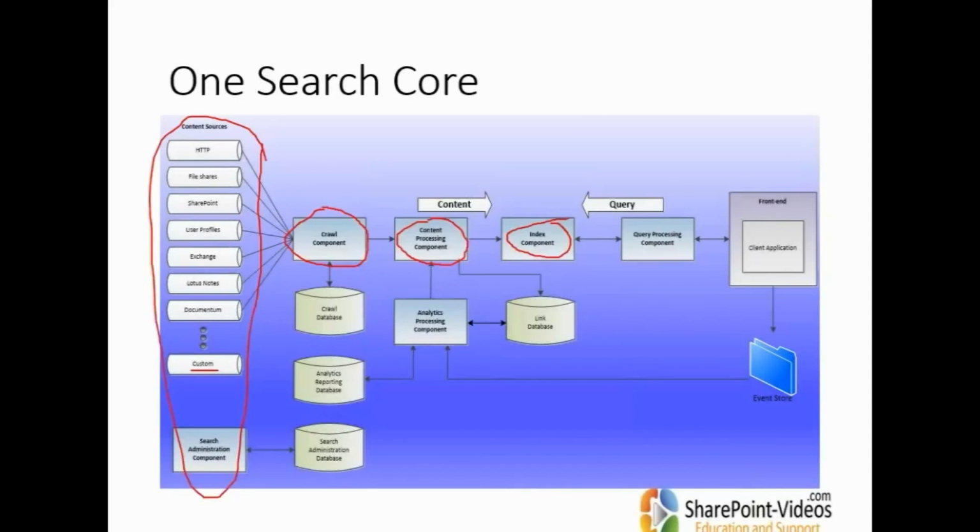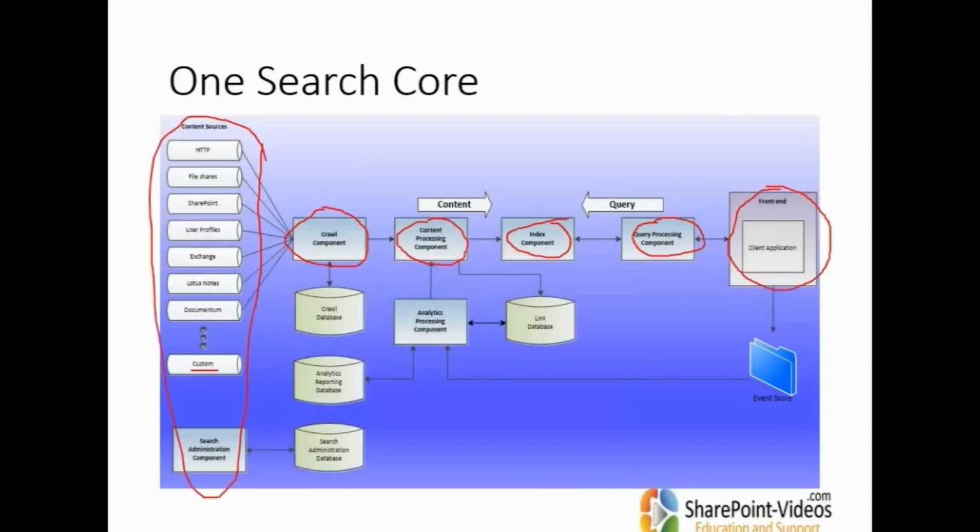From the other side, we have the front end. This front end can be any kind of client application. It can be a search center, it can be any search web part, it can be your application that's using the search APIs, etc. So we have a client application that sends queries to the query processing component.